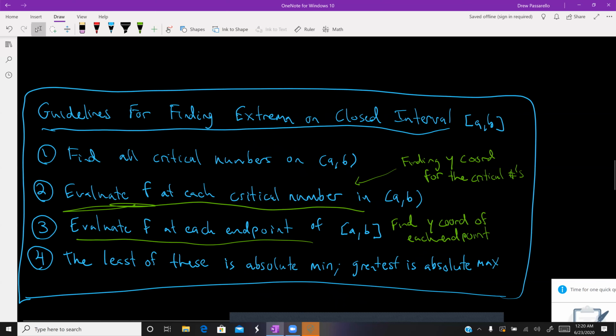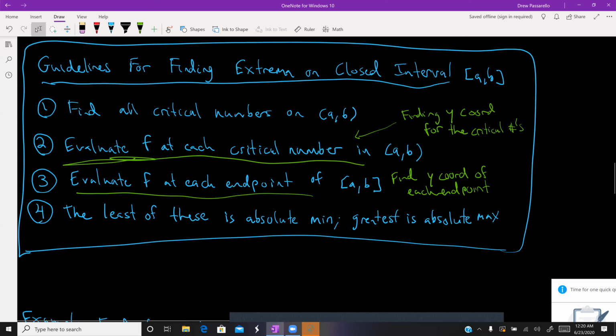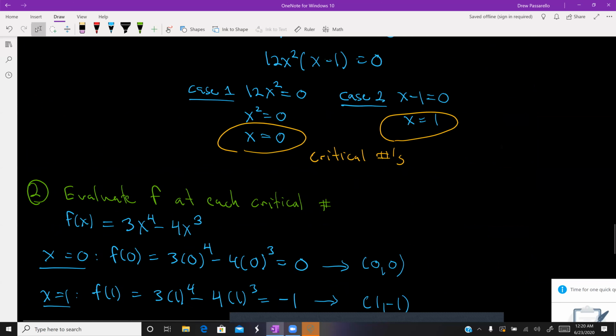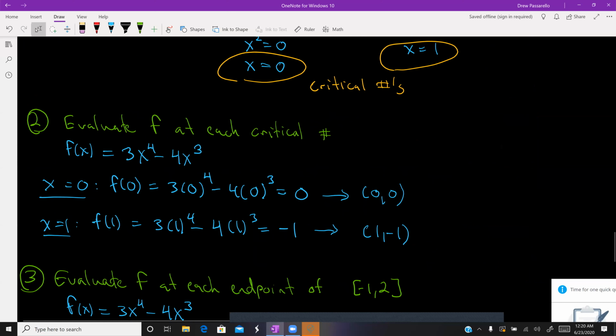I find the critical numbers, and that involved finding the derivative and then finding the x values where the derivative is equal to 0. The second guideline is to evaluate f at each critical number, which means to find the y coordinate of the critical numbers. So we have 0 and 1. You plug 0 and 1 into the original function and see what y coordinates you get.